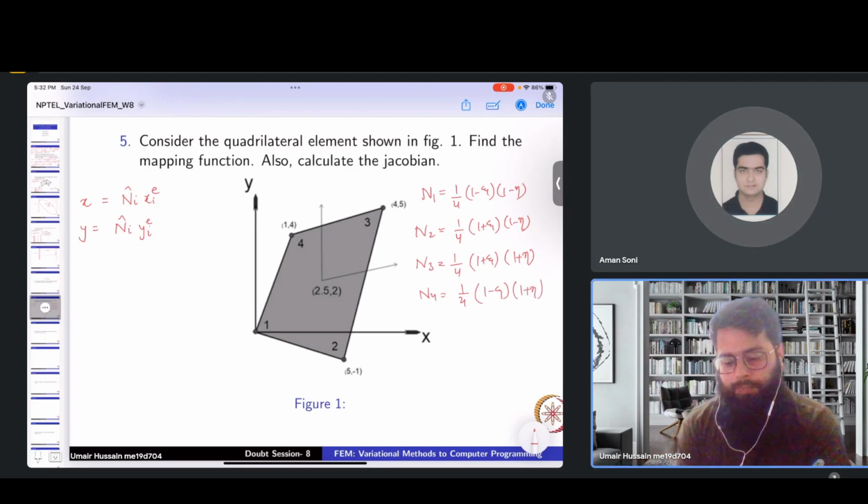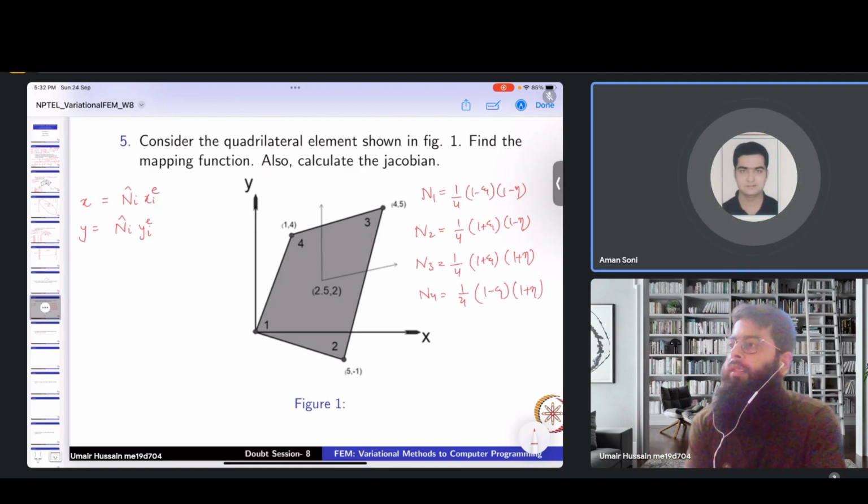This is by idealizing the quadrilateral element as coinciding and parallel to the principal axes or master plane axes, meaning the xi axis and eta axis, if we consider one quadrilateral element parallel to these axes.